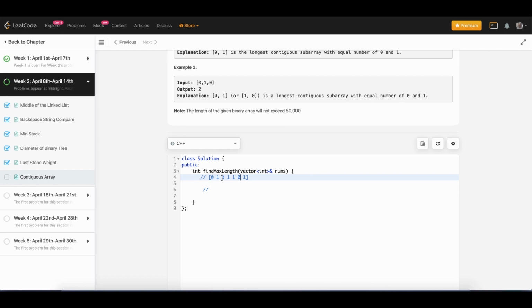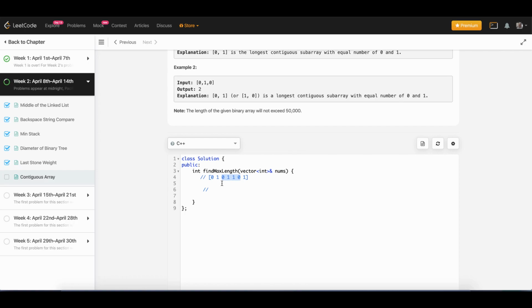This is also a valid case because it contains equal number of 0 and 1, and overall the subarray is contiguous. The 0 and 1 should not necessarily be contiguous, but the overall subarray is contiguous.